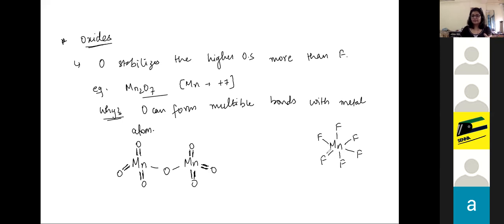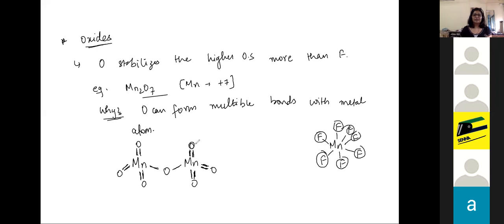Fluorine may be a small atom, but it is still a lot of fluorine atoms. But in the case of oxygen, because it is forming multiple bonds, the same oxygen atom forming 2 bonds with manganese, it can happily exist in a tetrahedral structure, giving a lot of space to other oxygen atoms, and that contributes to its higher stability as compared to what fluorine is capable of doing.